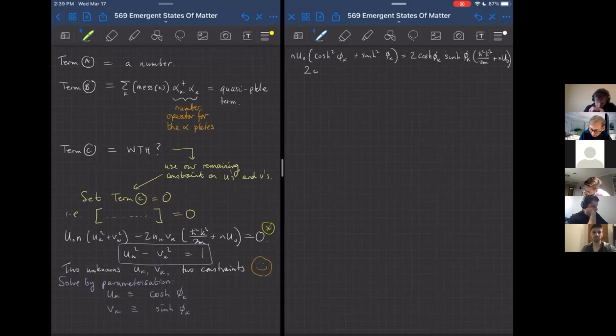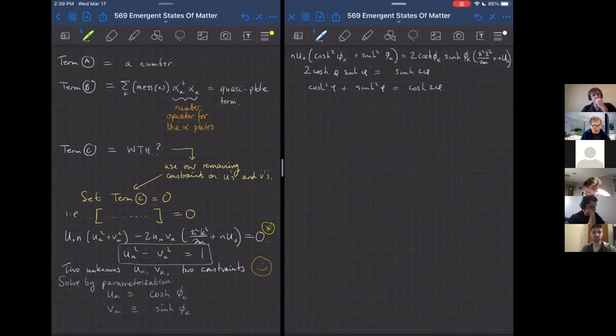So we know that 2 cosh phi sinh phi is just sinh 2 phi. And we know that cosh squared phi plus sinh squared phi is equal to cosh 2 phi.